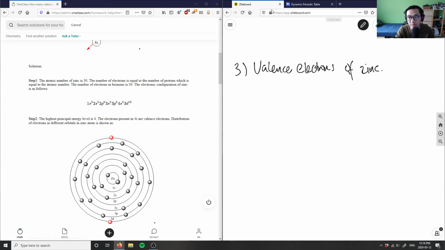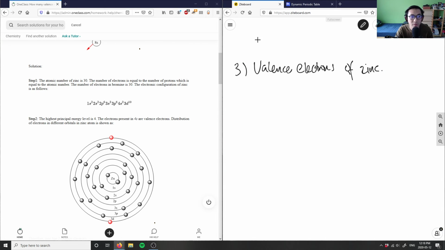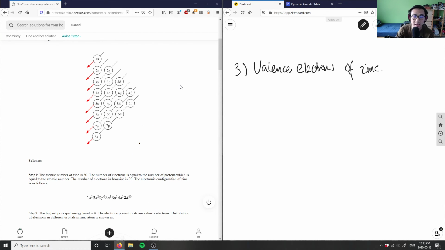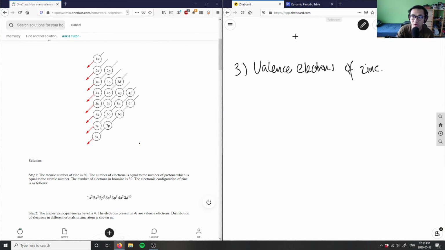Recall that Bohr-Rutherford is limited basically to the first 2 rows of the periodic table, and after the 3rd row it becomes invalid, due to the s, p, d, and f orbitals, and how the D block and the F block totally do not follow the Bohr-Rutherford theory. In this case, zinc here is in the 3d10 block, right? So we can't use a Bohr-Rutherford, so we need to use the electron configuration diagram here.